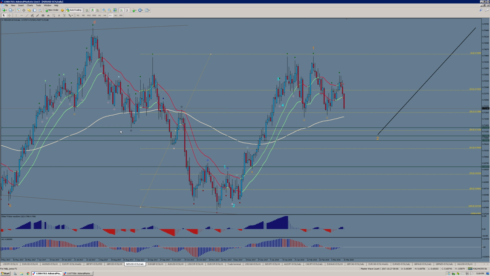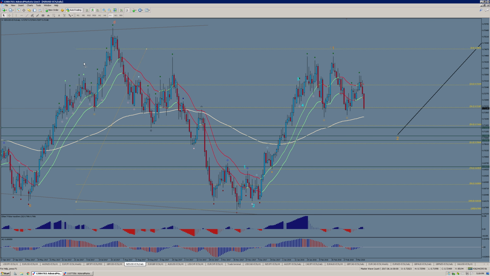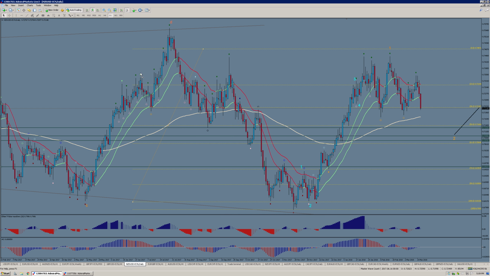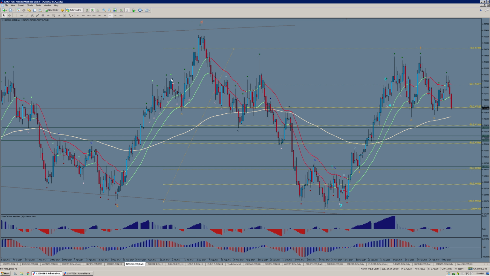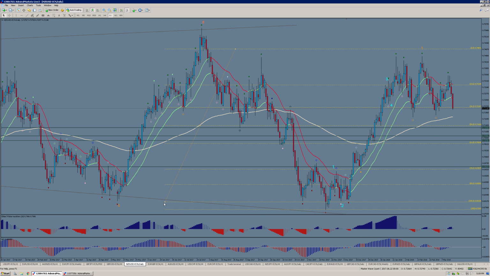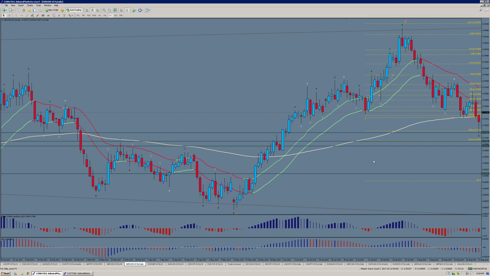So if we go over here to the left of the chart, just for this example, I'll make this a very small swing trade here. Okay, zoom in.